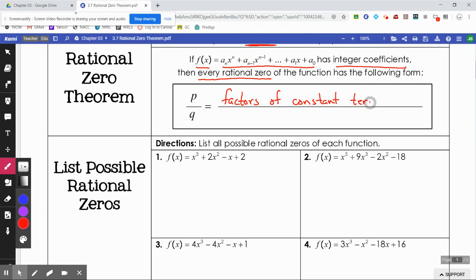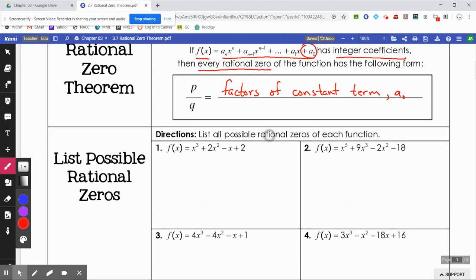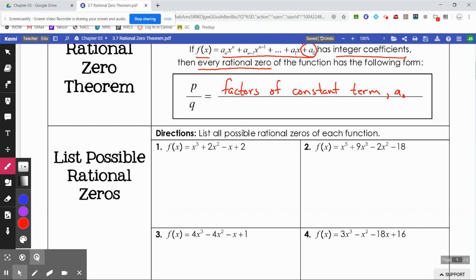And reminder that the constant term is that last term, that plus 3, plus 5, minus 6. So p is factors of the constant term, a sub 0. And q will be factors of the leading coefficient, or this coefficient, a sub n.